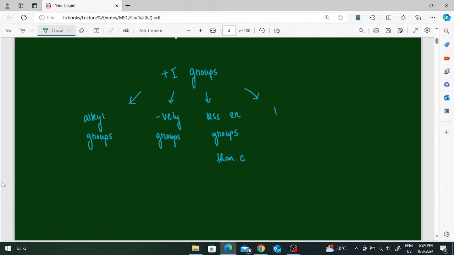And then we have the isotopes: hydrogen, deuterium, tritium. So these are the groups that are electron donating in nature. Plus I groups are electron donating in nature.